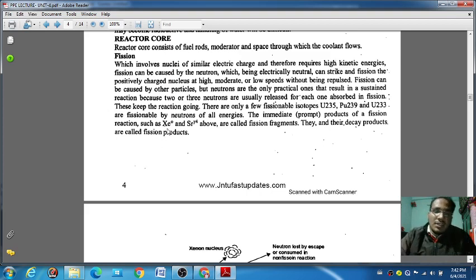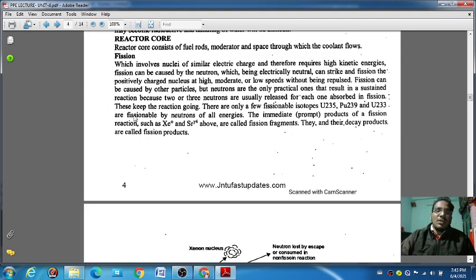So what we are saying here is that these two fission fragments are immediately produced while this process is going on. After that process, these fission fragments are produced. In every cycle, one or two neutrons are absorbed in that fission. So generally fission occurs because of electric charge and the high kinetic energy required, and it occurs by the cause of neutrons.